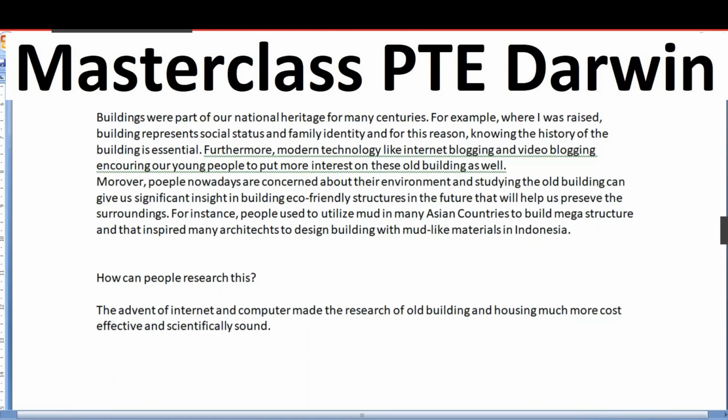Or it has made it a lot easier than ever before. So you can use easier language as well. Housing made it a lot easier than ever before.